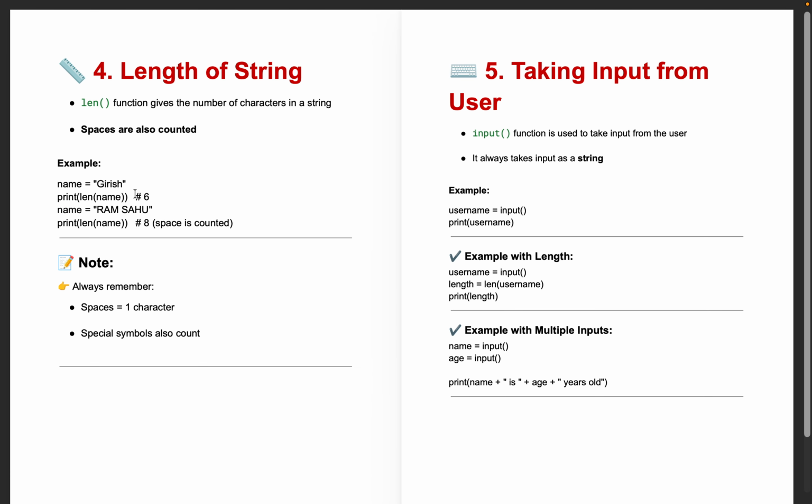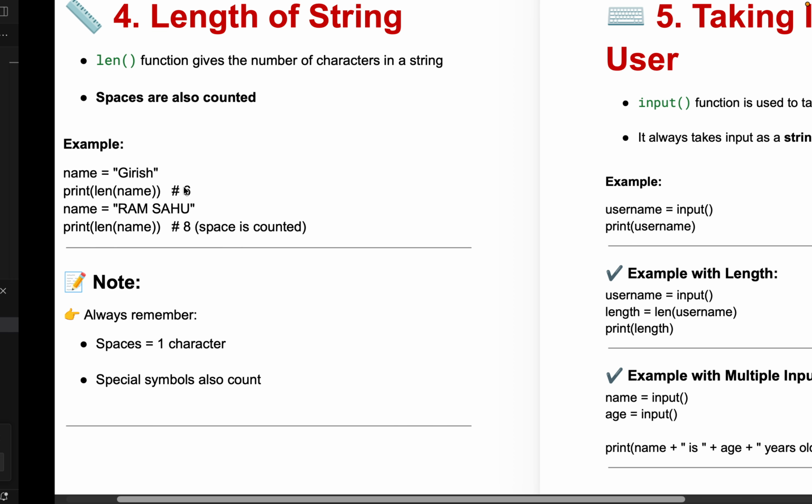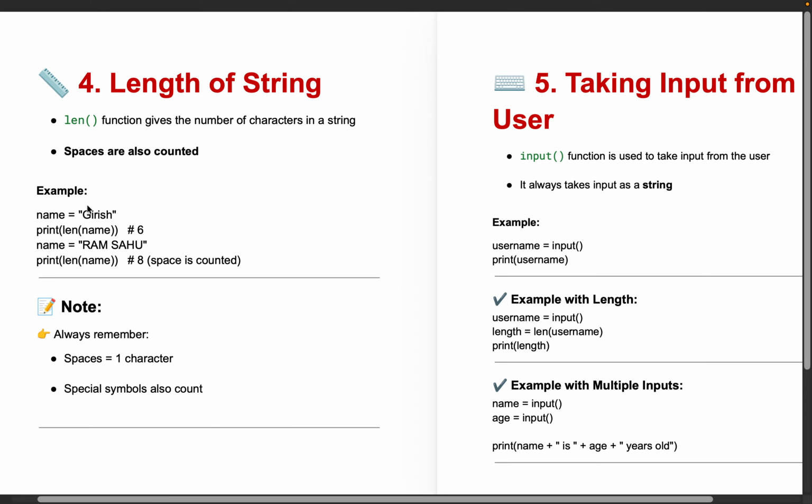We can find the length of a string using len, an inbuilt function in Python. This gives the length of the string. Spaces are also counted. Remember one thing: if you use a space in your name or anything, it will also be counted. For example, len of Greece: 1 2 3 4 5 6, the length is 6, so it will give 6.